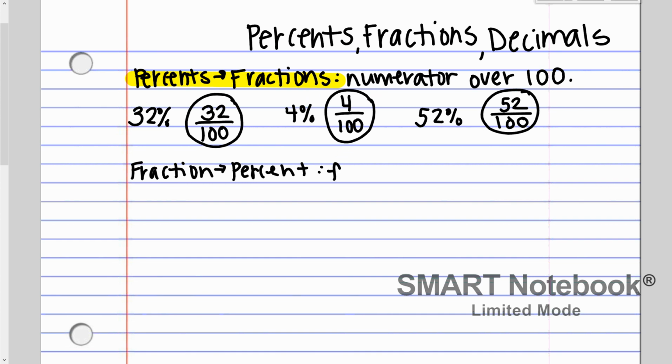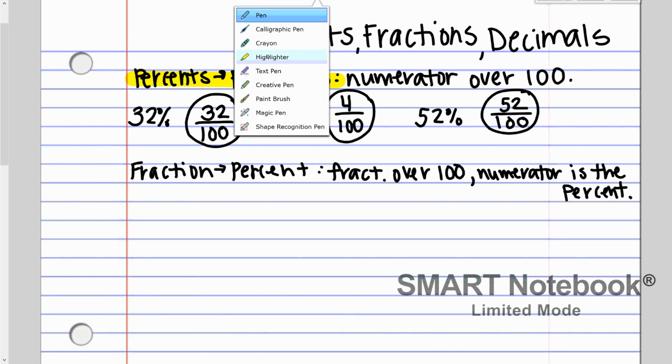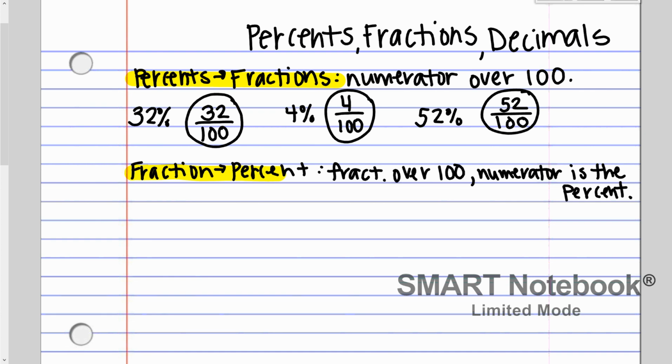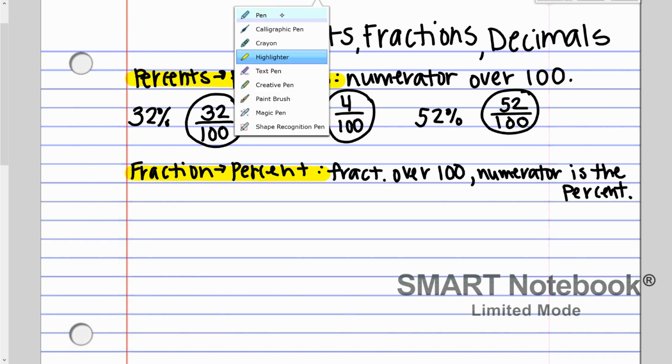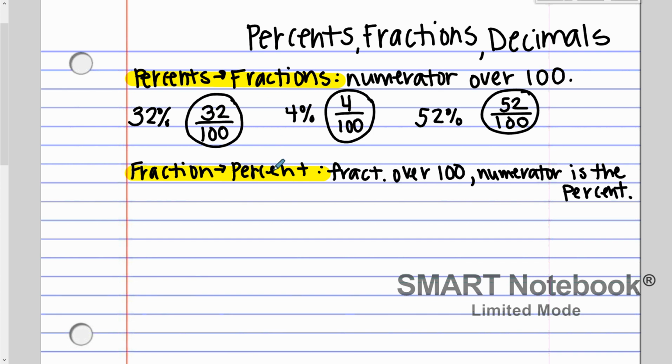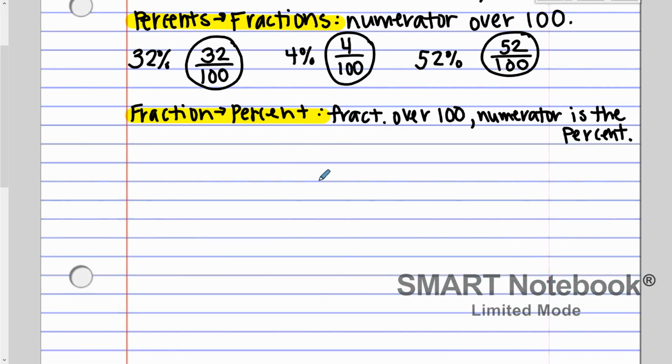So we want a fraction over 100, and I'll show you an example where we won't have that, but we can make it into that. And then the numerator is the percent. Again, if you have a highlighter, let's go ahead and highlight, because then when you are looking back at these notes, if you need to use them on your homework today or in the future, you can just see these highlighted sections and jump to what you need.